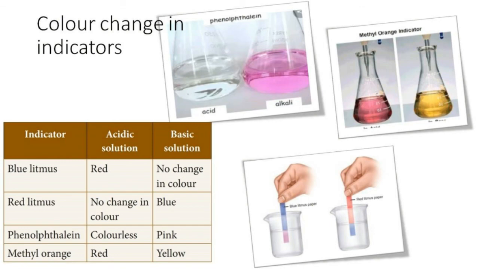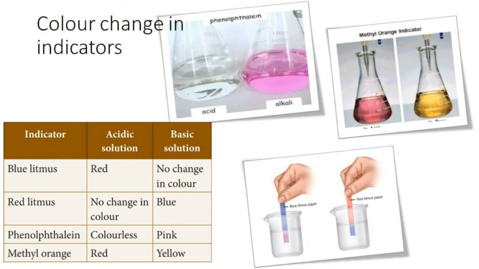Let's see the color change of different indicators in acidic and basic medium. The first indicator, blue litmus. The blue litmus in acidic solution is changed into red. Then in basic solution it shows no change in color. Next, red litmus in acidic solution shows no change in color, but in basic solution it turns into blue.